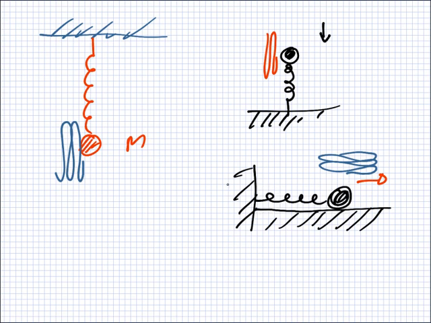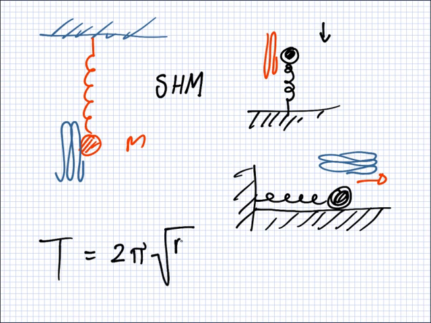In all these situations, the motion is simple harmonic motion. Do you remember simple harmonic motion? This type of motion? Yeah. There is a formula to calculate the T. And the T is equal to 2 pi root m over k. This is the time.